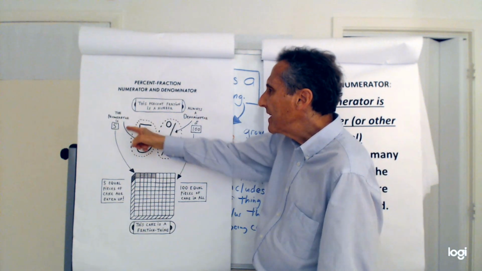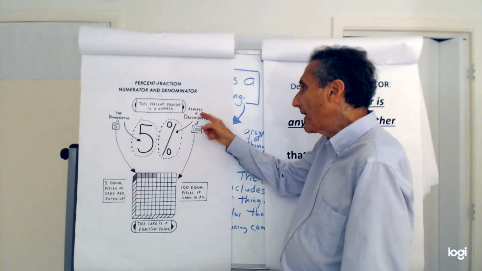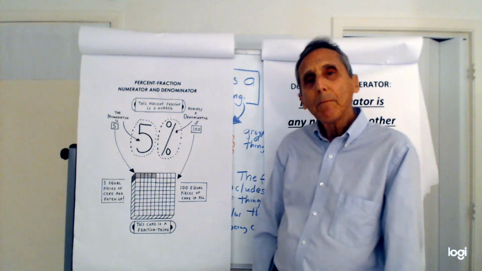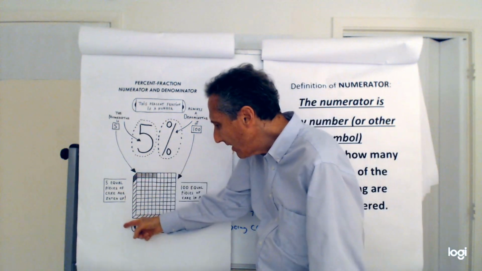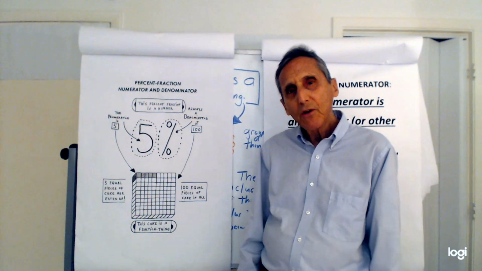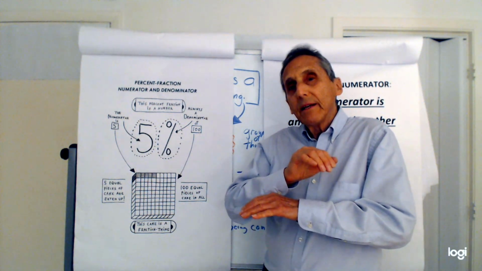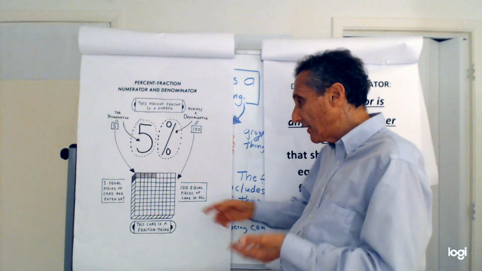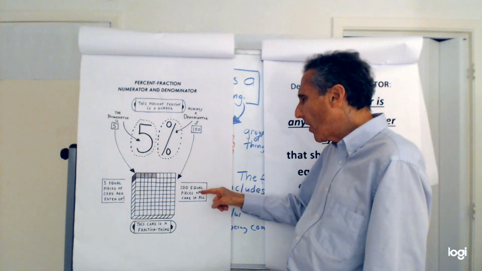The numerator is 5. The denominator is always hundredths, and that percent sign means hundredths. That shows you that the fraction thing is separated into 100 equal parts, always. So it's really easy to know the denominator of a percent fraction. It's hundredths. 100 equal pieces of cake and all.